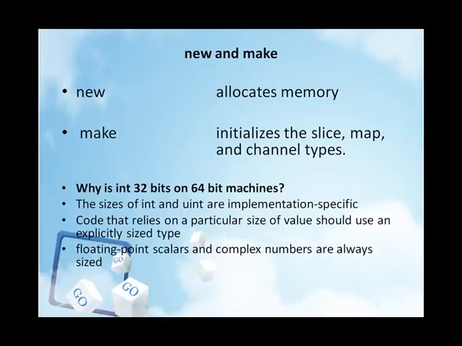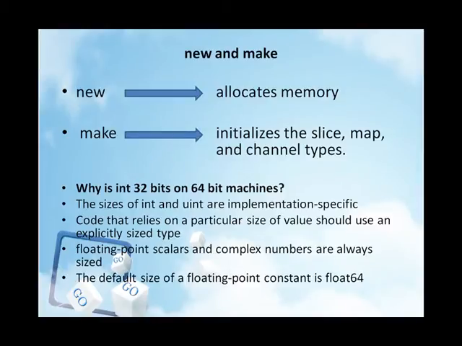On the other hand, floating point scalars and complex numbers are always sized: float32, complex64. Because programmers should be aware of precision when using floating point numbers, the default type of a floating point constant is float64.